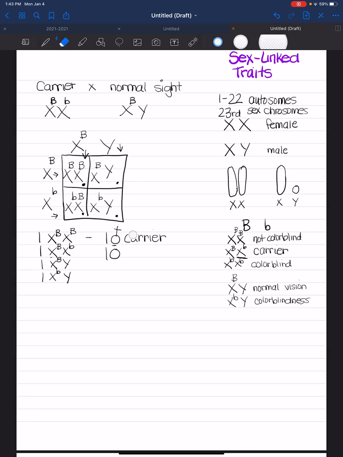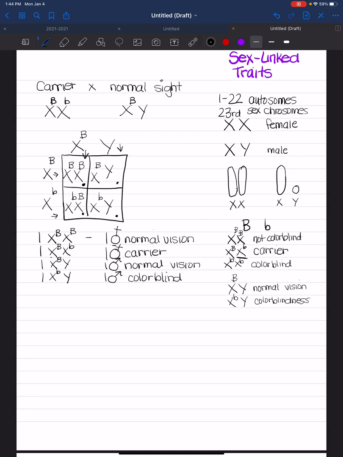I was trying to go too fast. 1 female normal vision, with 1 female carrier. I have 1 male normal, and I have 1 male that's colorblind.